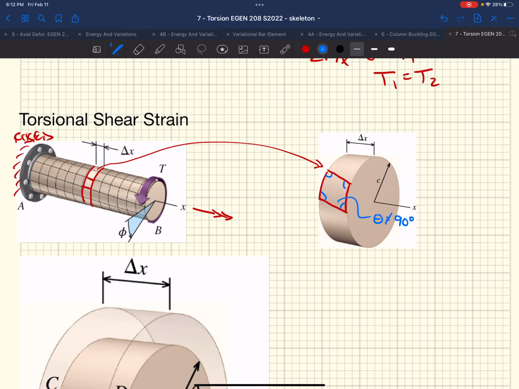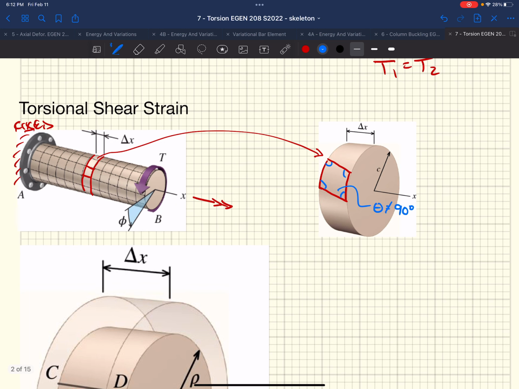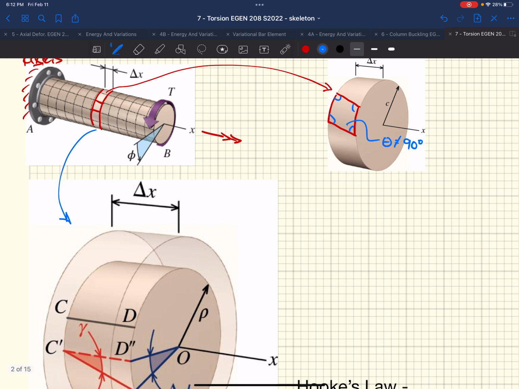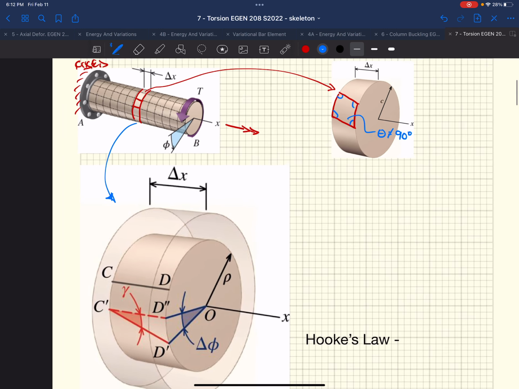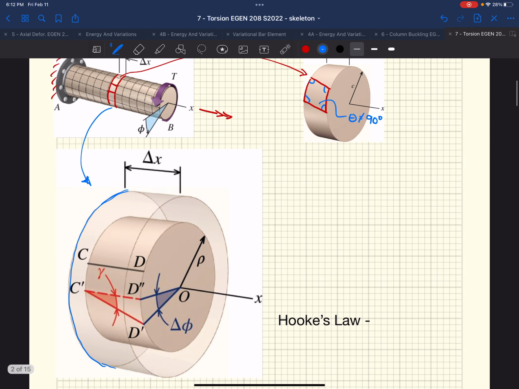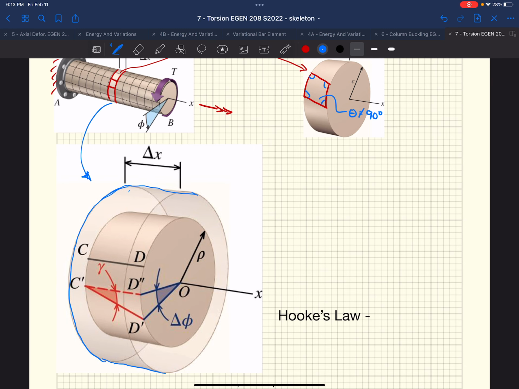We start out straight, and as we apply a load, we essentially distort that square section. So if we look at that in more detail, this outside circle is the outside extents of our sliver we just cut out. This is that outside surface.